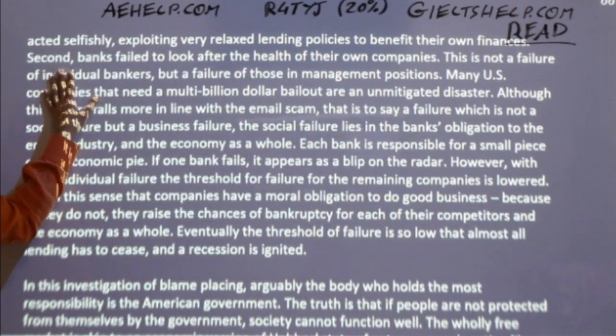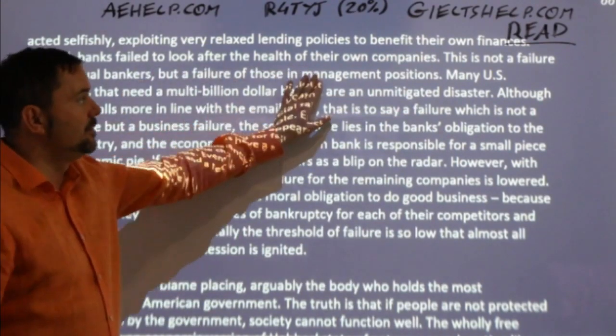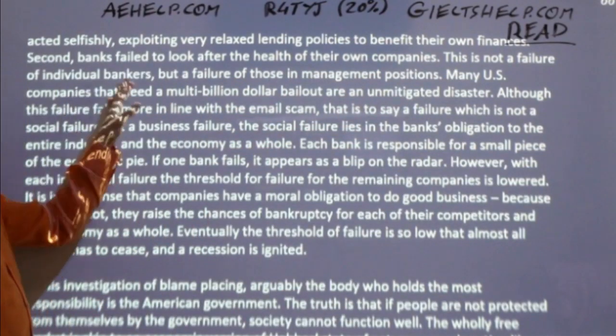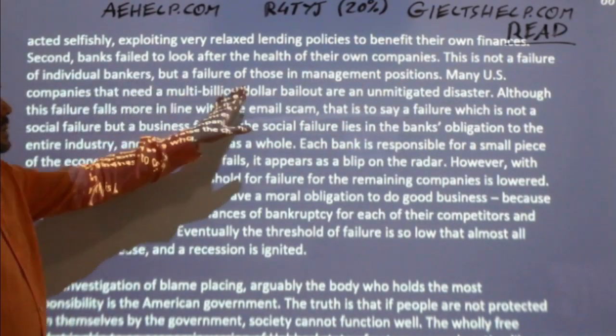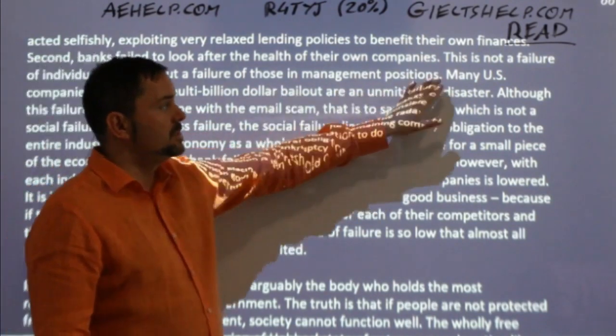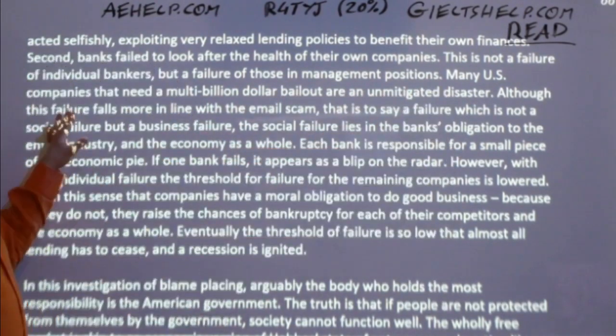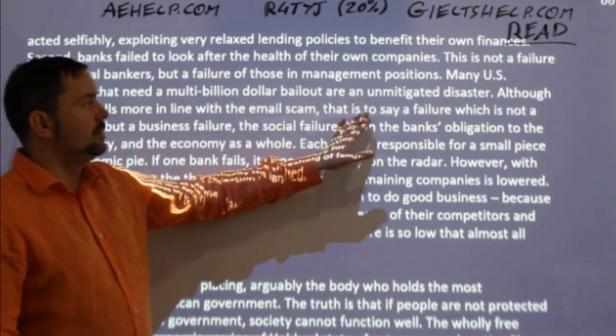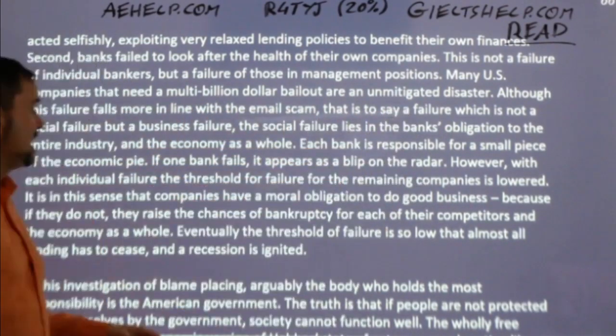Second, banks failed to look after the health of their own companies. This is not a failure of individual bankers, but a failure of those in management positions. Many U.S. companies that need a multi-billion-dollar bailout are an unmitigated disaster.